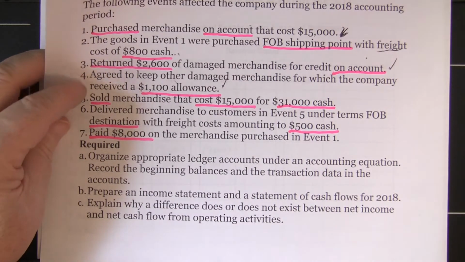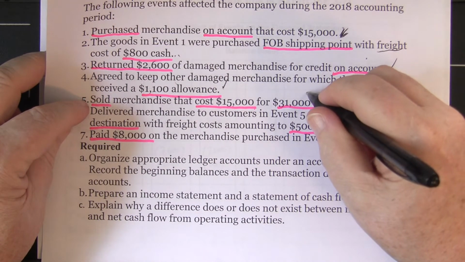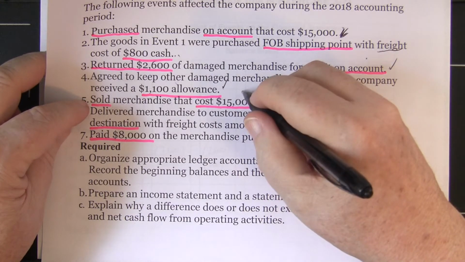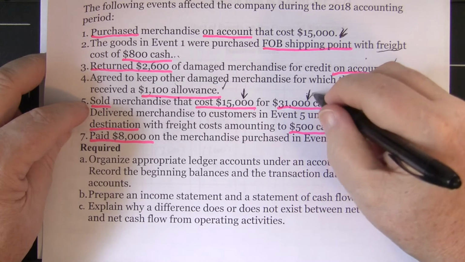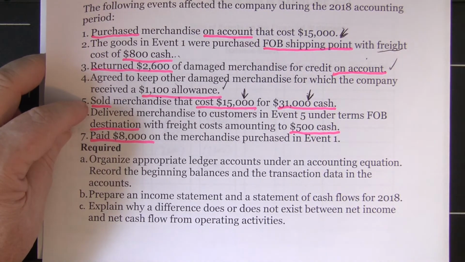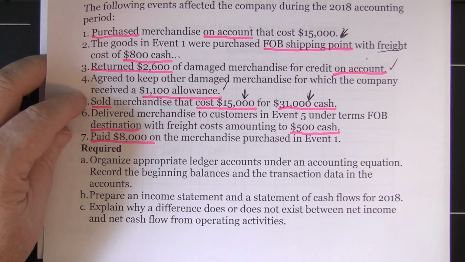Okay, they sold merchandise that cost $15,000 for $31,000 in cash. Believe it or not, these are really two different transactions. So first, let's handle the sales part of it.